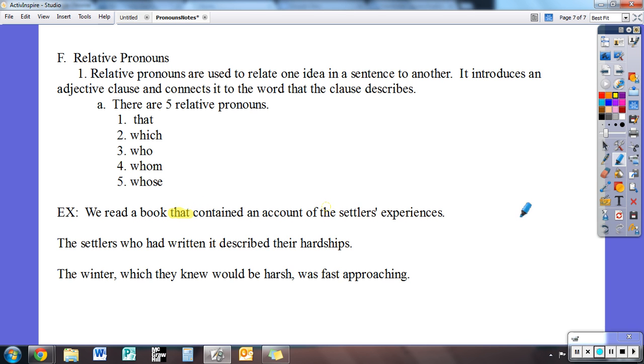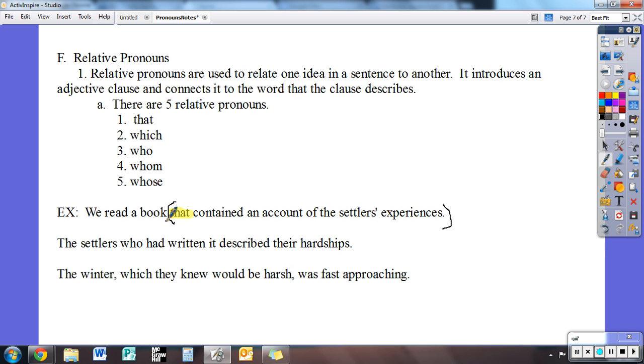Now, let me show you what they mean by an adjective clause. That clause is going to be several words, and it's going to describe something. So the entire clause, I'm going to use parentheses here: that contained an account of the settlers' experiences. It's an adjective, so it's describing a noun or pronoun.